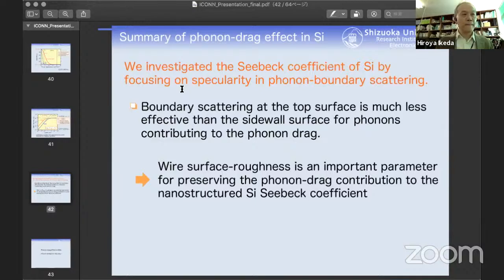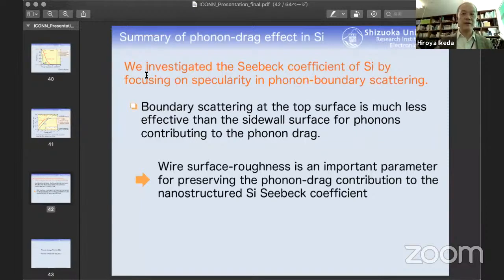Maybe, of course, it depends on the grain size. If the grain size is very small, the phonon wave number contributing to the phonon drag has a very long wavelength, so I think it is not so influenced by the domains.